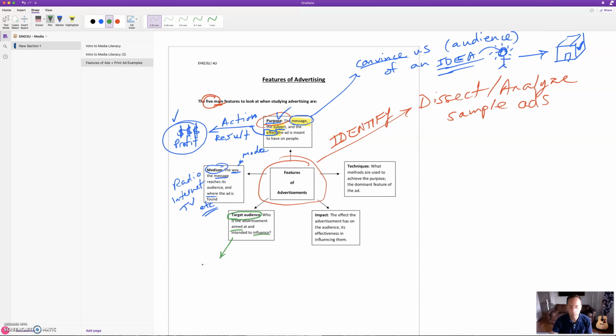Another word we can use for this is, what's the demographic? Okay, what's the target demographic? So it could be based on age. That's common. It could be gender specific. It could be maybe cultural.